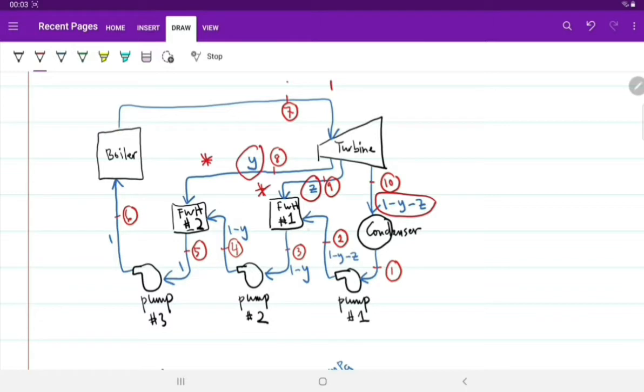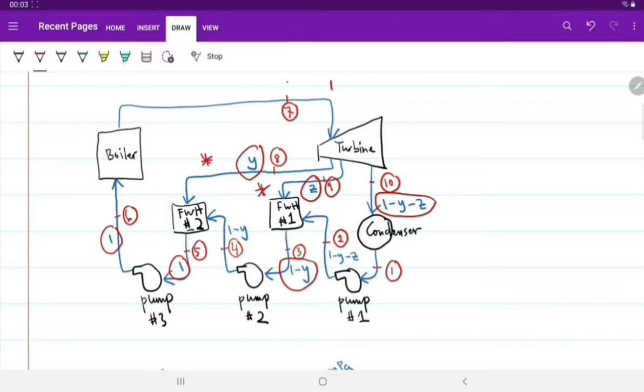After combining with the Z, it goes out from feed water heater number 1 with the mass of 1 minus Y. Okay, 1 minus Y minus Z plus Z equals 1 minus Y. And then 1 minus Y goes to feed water heater number 2, combined with Y, and then the remaining is 1 or 100% of steam.